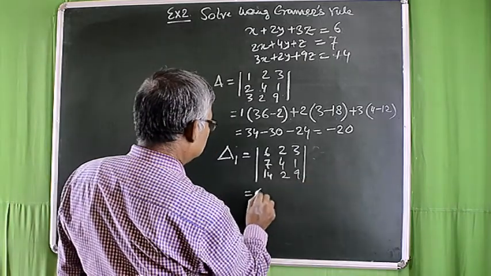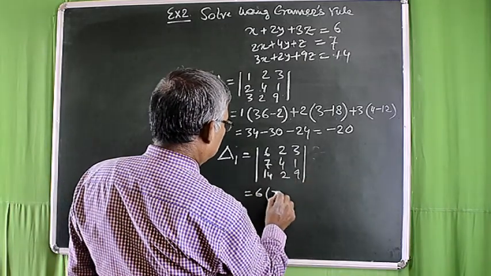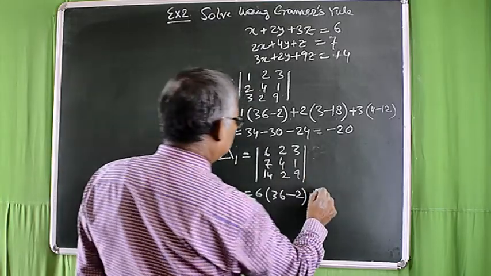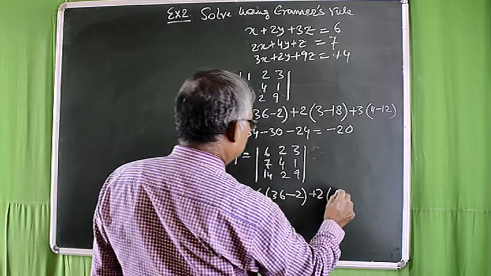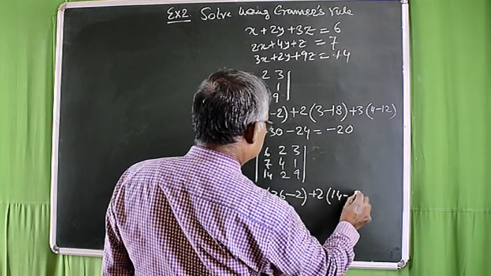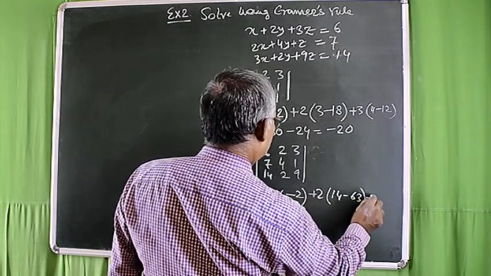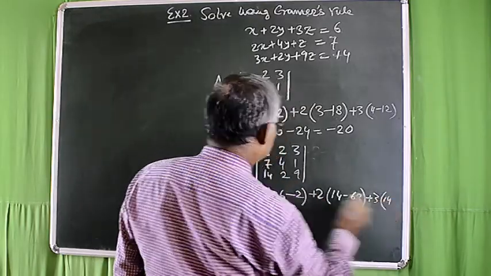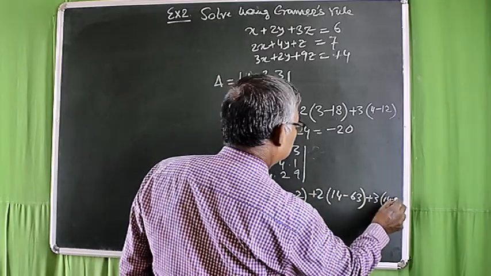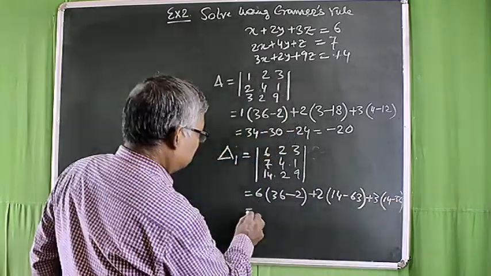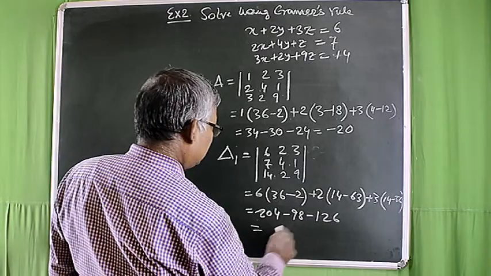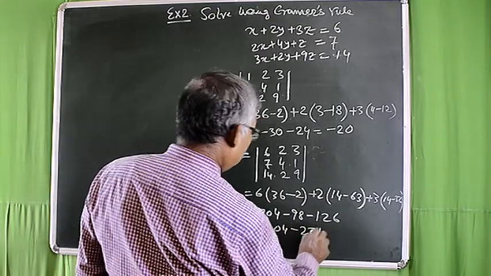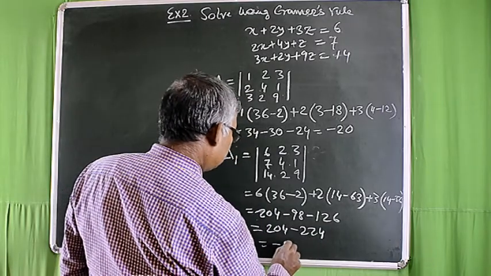So we can write 6 into 36 minus 2, plus 2 into 14, minus 63, plus 3 into 14, minus 56. This equals 204 minus 224, equal to minus 20.